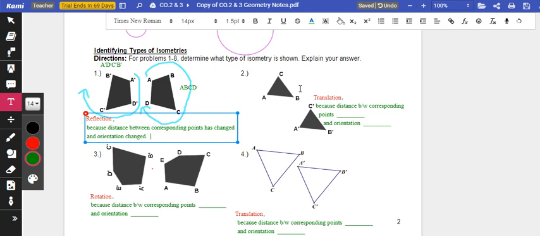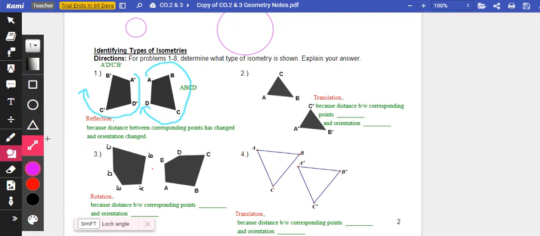If I'm looking at a translation, let's look at the distance between those points again. If I have C to C prime, B to B prime, and A to A prime, not only are those purple lines heading in the same direction, but they're also the same length.